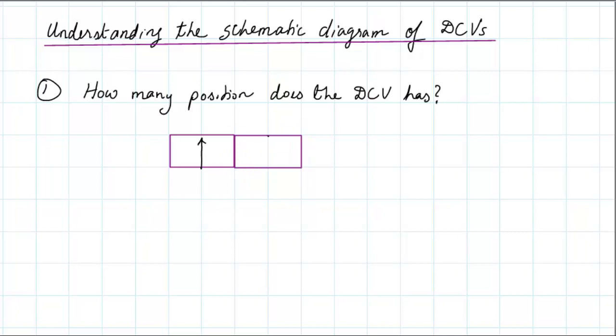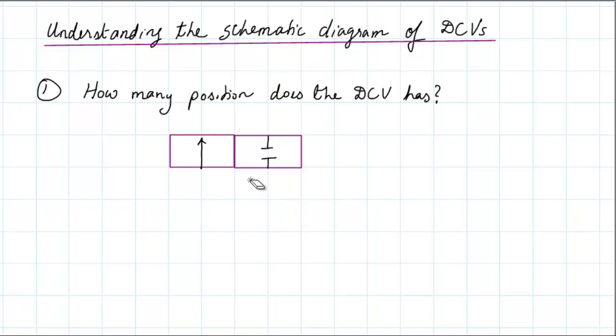So let me draw that position. So what does this show? This shows that nothing is flowing between the two ports. So this is one position and this is the second position. Okay, how many ports are there? Two ports are there here, one for entering and one for leaving.